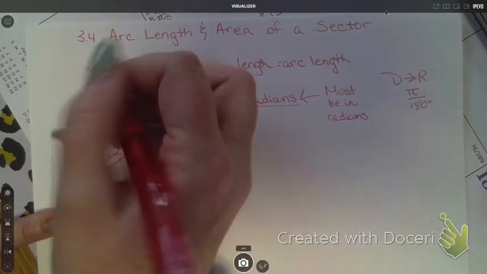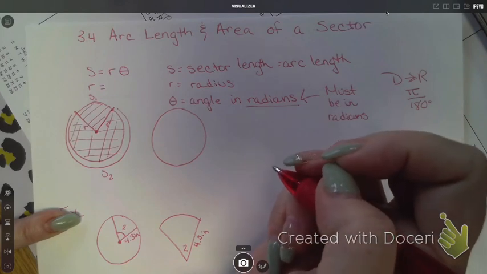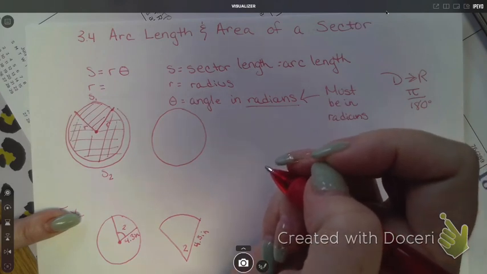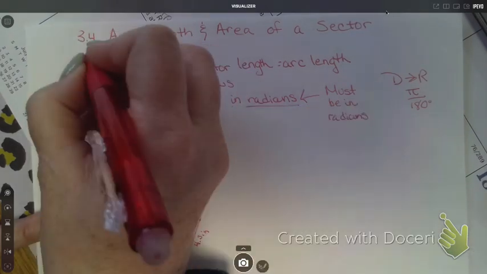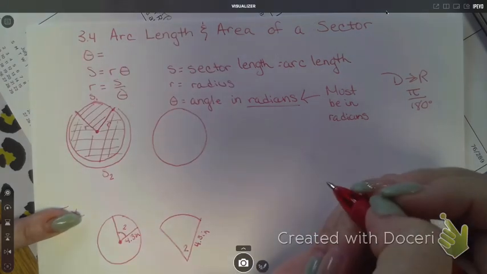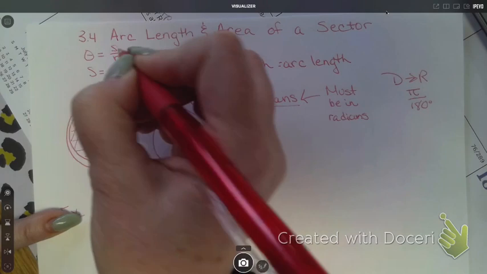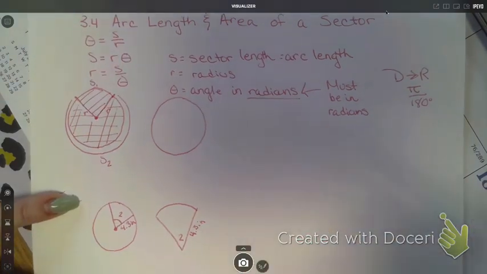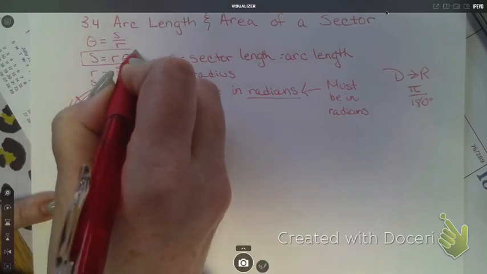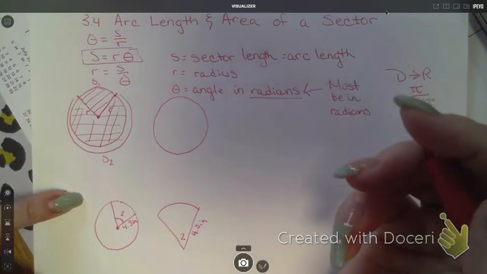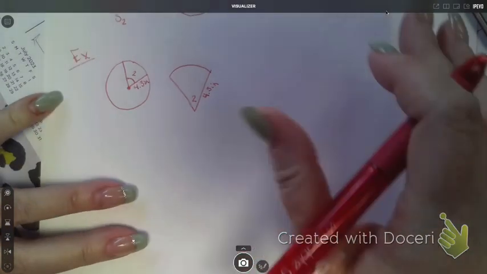R equals S over theta. What would theta equal? Theta equals S over R. All you need to know is one of those and you can move it around, right? This is the one that I always go to, usually, because it's multiplication. Does it matter which one you remember? Nope, you just got to remember one because I ain't giving it to you.